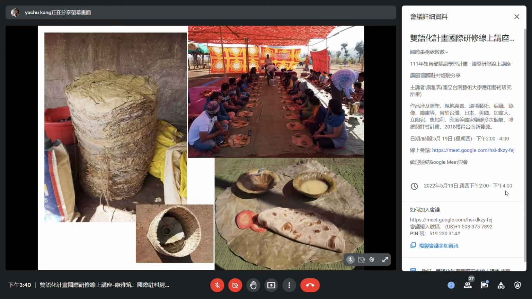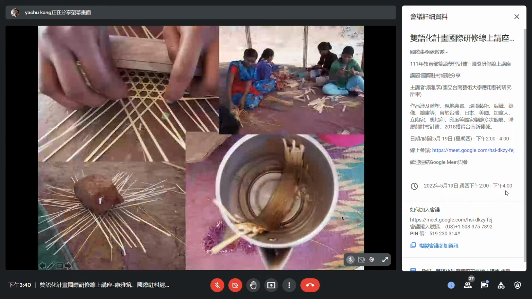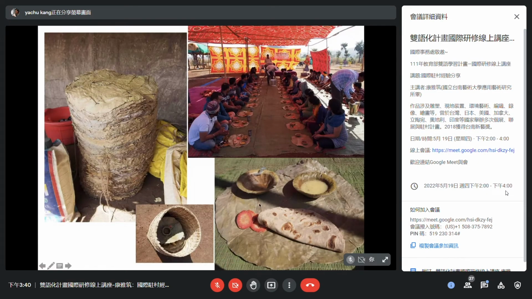And this is how we eat. We all gather together at the same time, sit on the ground, and use this leaf and a bowl made from a kind of tobacco leaf. So everything is recyclable.